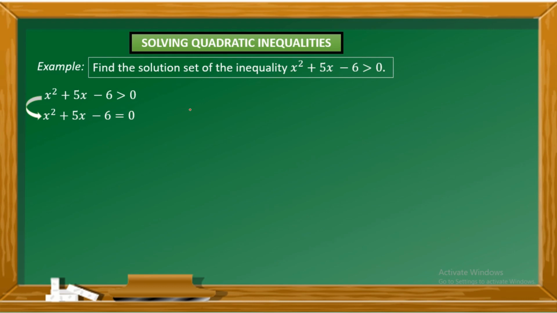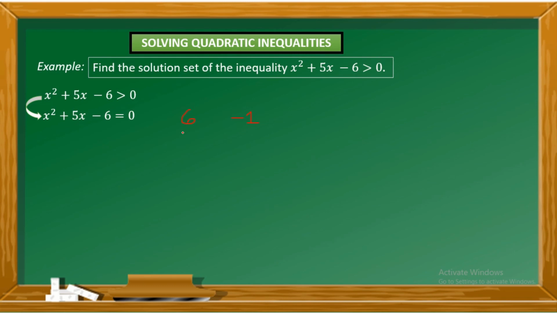So we have 6 and negative 1. These are the two factors. Let's try 6 times negative 1. The answer is negative 6, right? And if we combine 6 plus negative 1, or simply 6 minus 1, the answer is positive 5. So this is the pair of numbers that we are looking for.